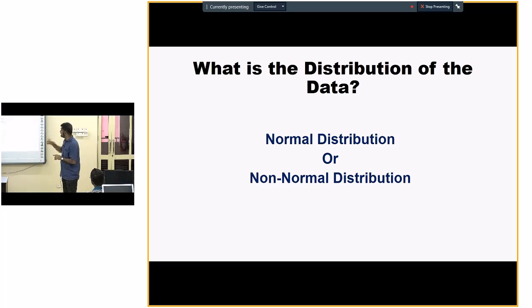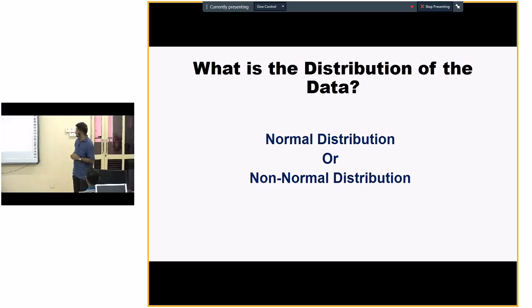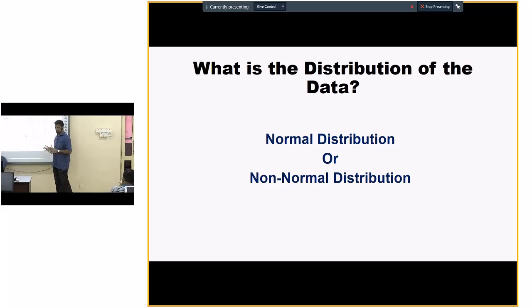Now the third criterion, distribution of your data sets. You may have a number of data variables. Out of them, you have to take them one by one, and especially we have to consider the dependent variable. What is the nature of the distribution of your data set? If it is normal or non-normal, how do we measure it?